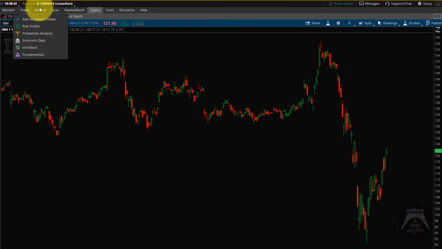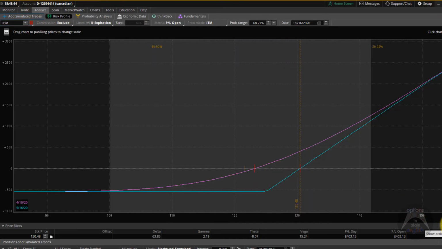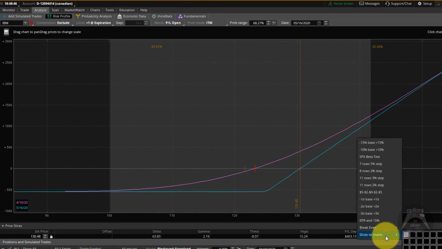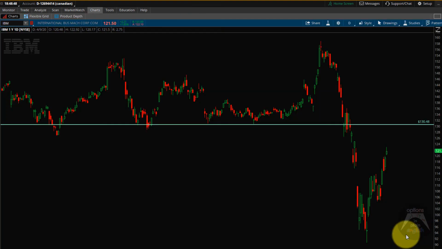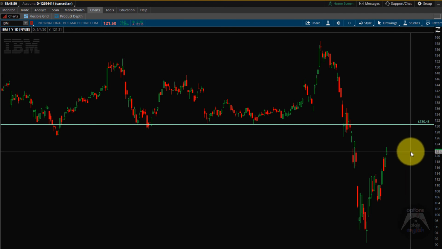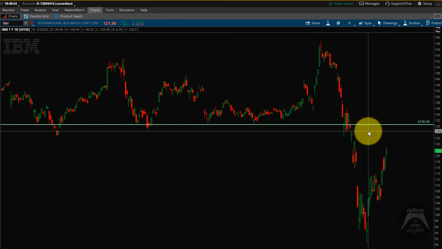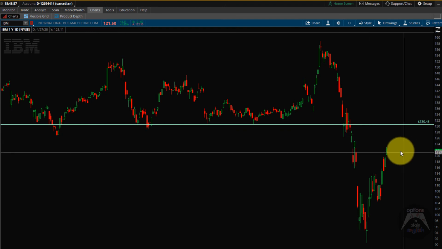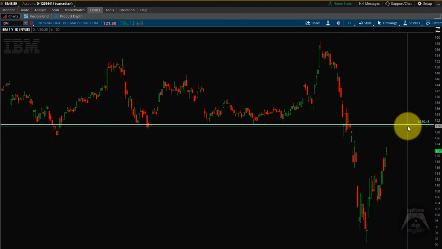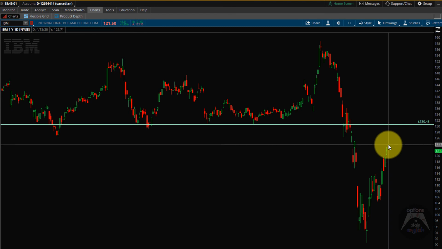So this is the break-even, and we can show it on the price chart so that we get an idea of what it's going to look like in the price. So this is where the price is right now. This is our break-even. So now visually we have a good idea where we need our price to go in the next 39 days.